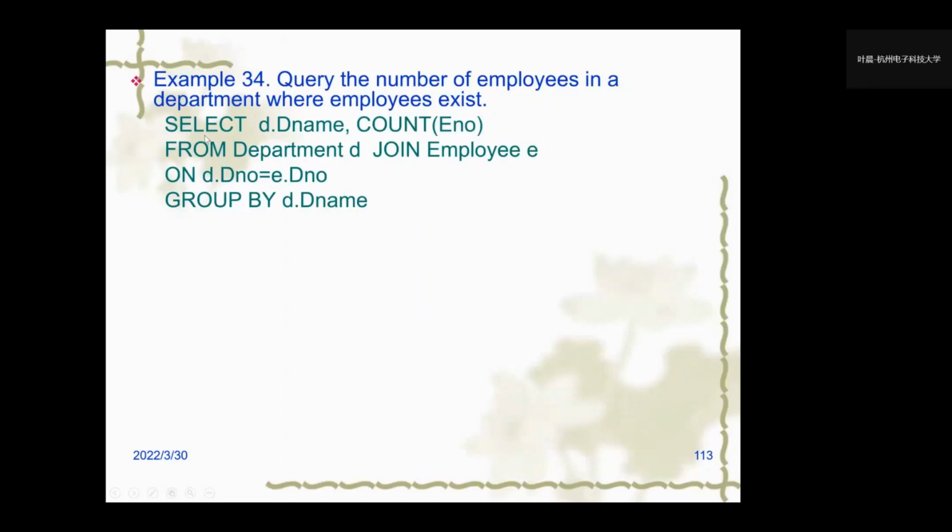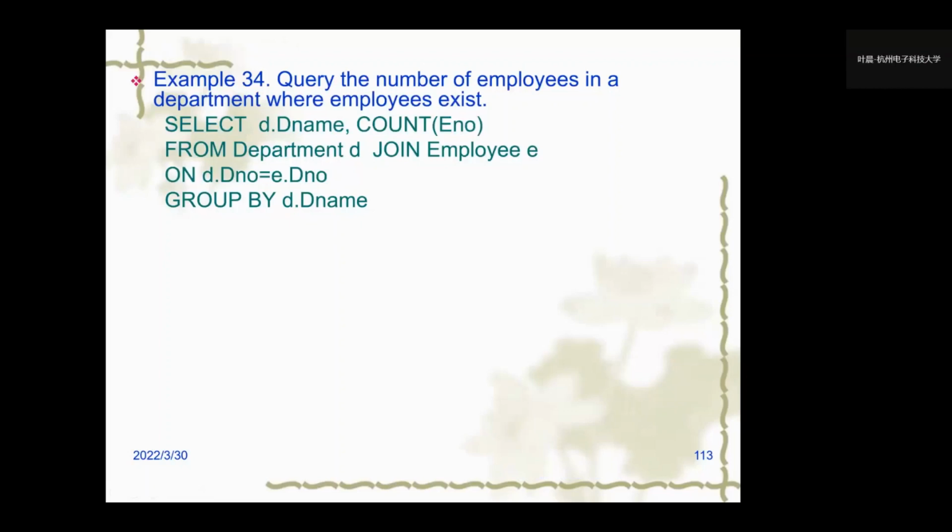We can use a simple inner join, which is like this: select dname and count, which means we need to count the number of eno, from department D join employee E on the condition that D.dno is equal to E.dno, and we need to group by dname.